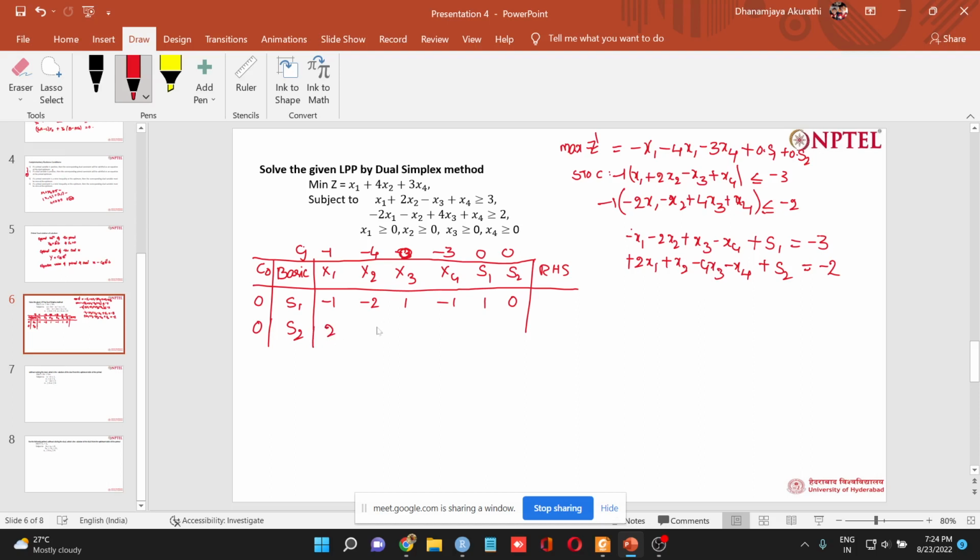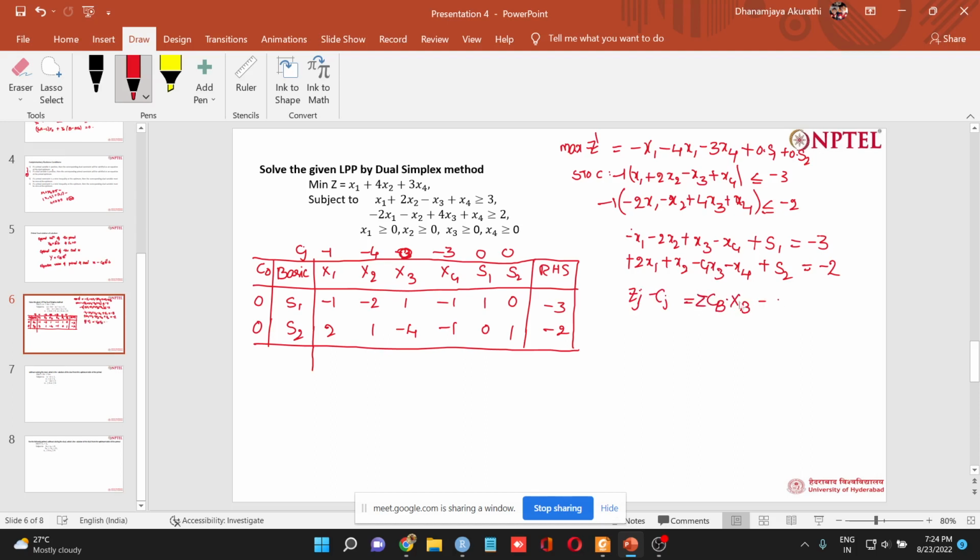And here in this row, have I entered the entries in a correct way? The values of the basic variables are -3 and -2. So you can observe these from the given information. To find out the deviation row, I am considering that the deviation row would be Zj minus Cj. In the dual simplex method, Zj means Cb into Xb.